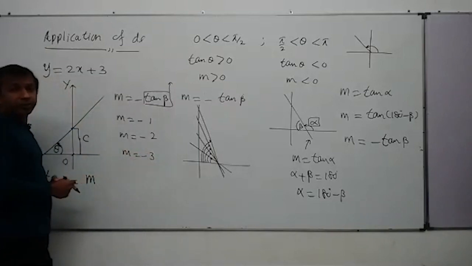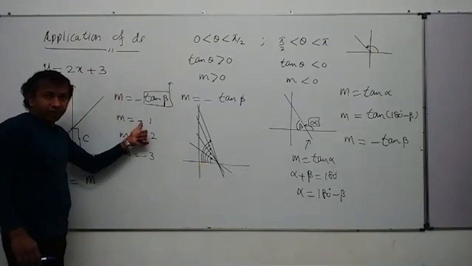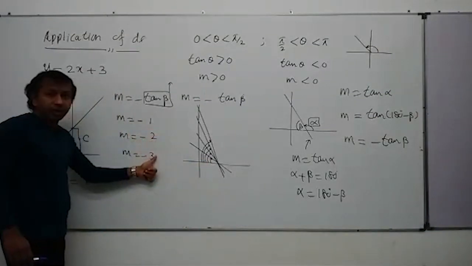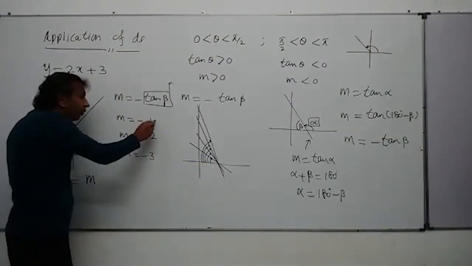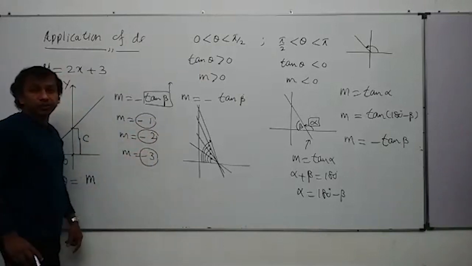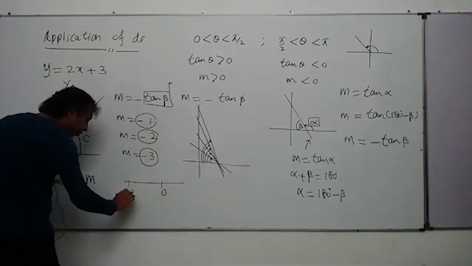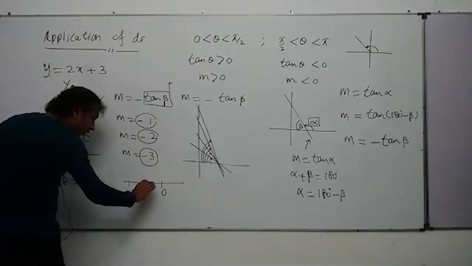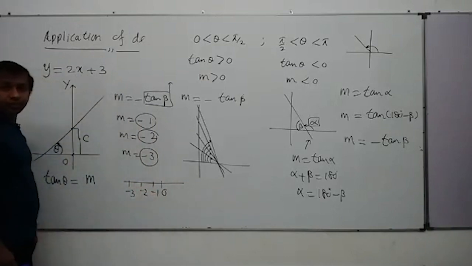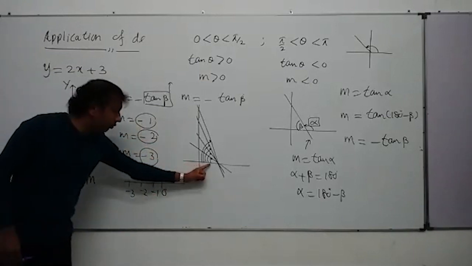Then you can very clearly see, people, in this case, when this angle increases, having the minus sign, this number value increases. Then the overall value, what can you say, people? With the minus sign, the overall value is decreasing. Why? On the number line, if I consider 0 here, minus 3 is somewhere here, minus 2 is somewhere here, minus 1 is somewhere here. Right? So then you can very clearly see, when the angle, people, this way increases.